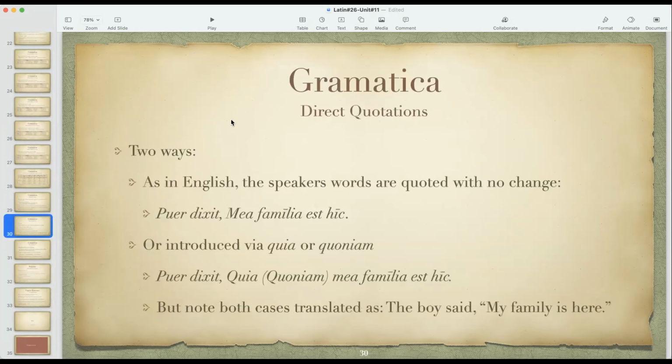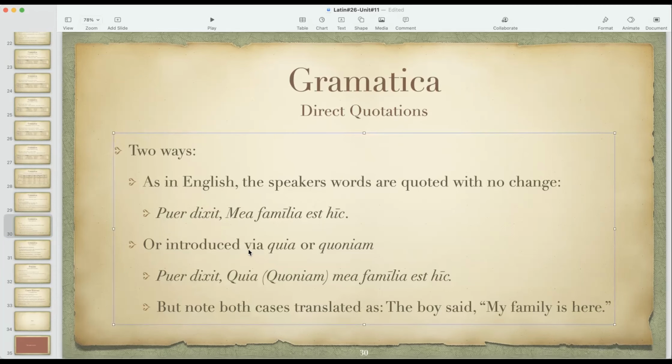All right, direct quotations. We have two ways of doing direct quotations. In English, the speaker's words are quoted with no change. So, puer dixit mea familia est hic, which means the boy said, perfect, by the way, past tense, my family is here.